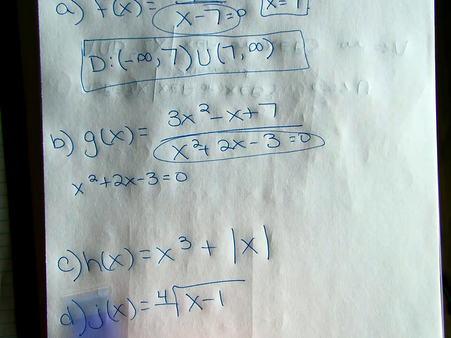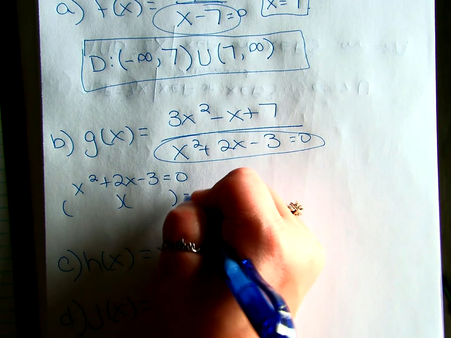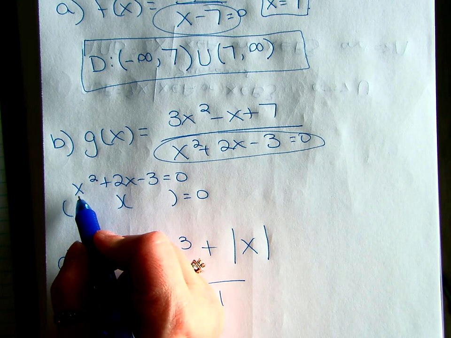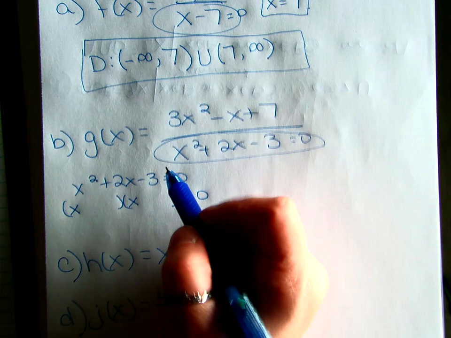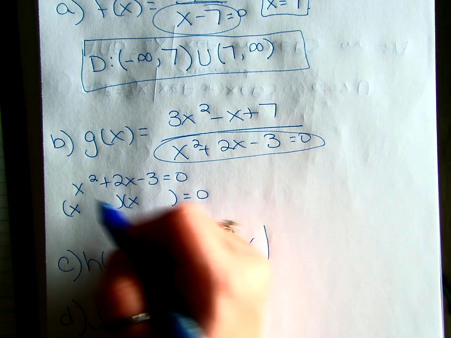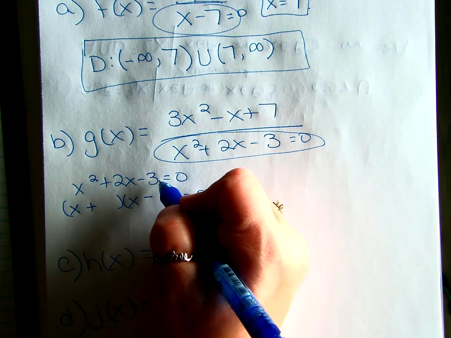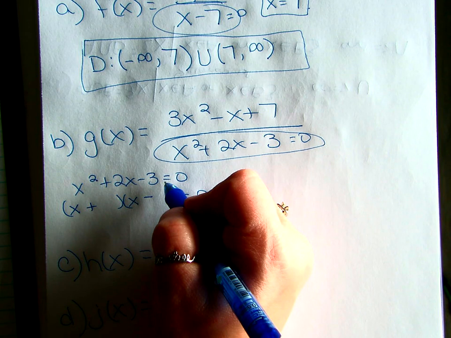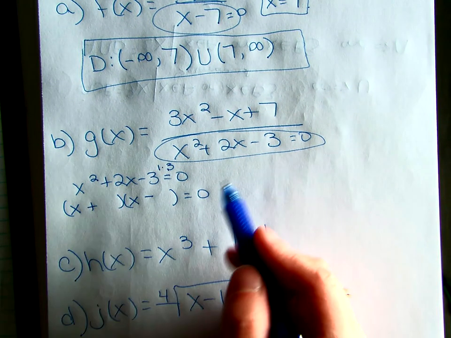And so it's like the reverse of foiling, where we have a binomial times a binomial. And we say, okay, this is x squared, so that means I'm going to have an x and an x. And then we have a minus here, which tells me I'm going to have a plus and a minus inside of my binomials. And then here's the nice thing, though, about this example in particular. We need factors of 3. Well, the only factors of 3 are 1 and 3.